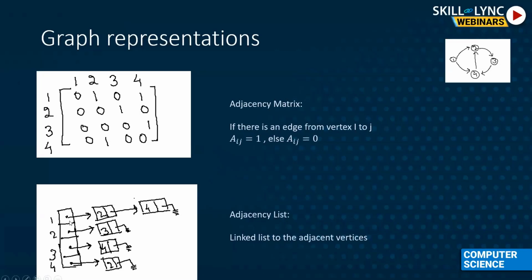All the nodes will be represented by the head of the linked list, and they will point to the next node, which is adjacent to them, which is 1 is connected to 2, and 2 is connected to 4. I think there is a little fault here, my bad. 2 should be connected to 3 actually. It is not 4. But I hope you got the idea.